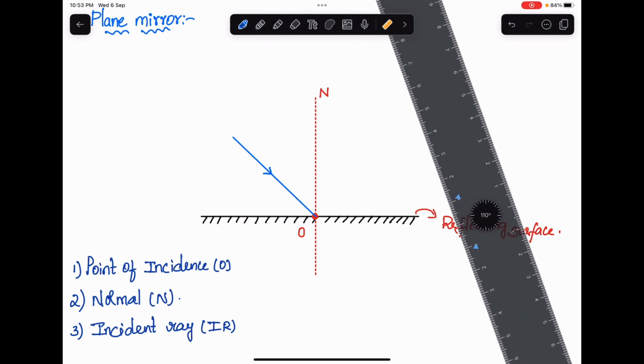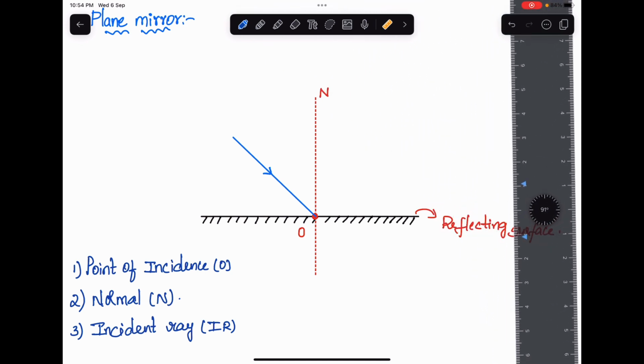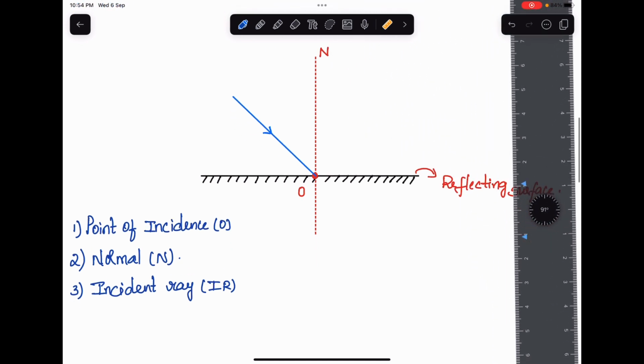More easily, you can write that the light ray striking the reflecting surface at the point of incidence is simply called the incident ray.